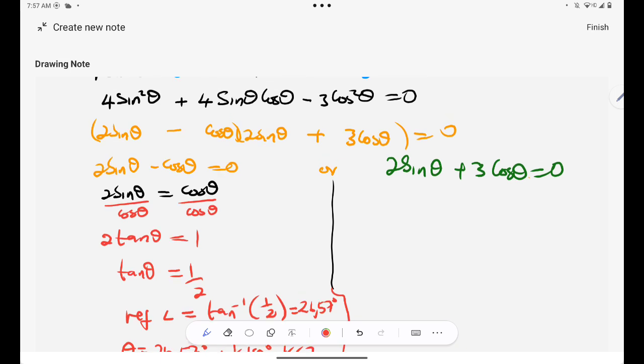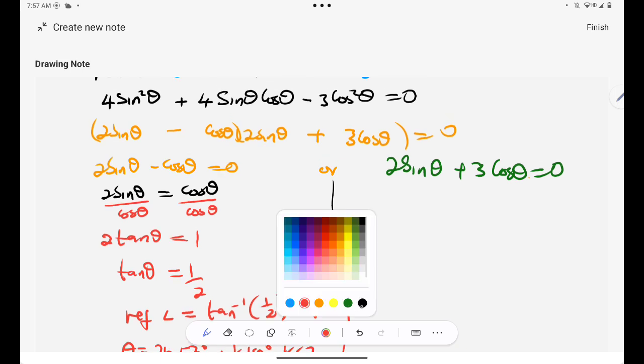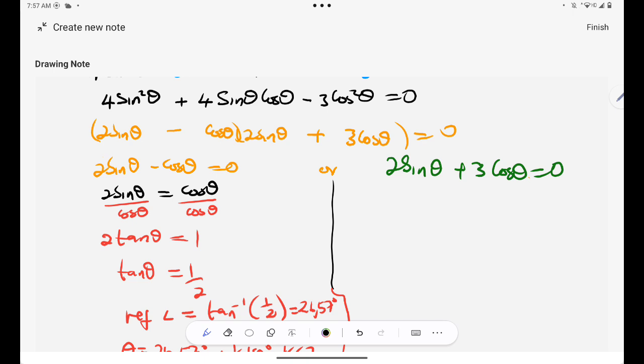Are we together? And then on the other hand, I have 2 sine theta is equal to a negative 3 cos theta. Remember that I can simply divide this thing by cos theta.